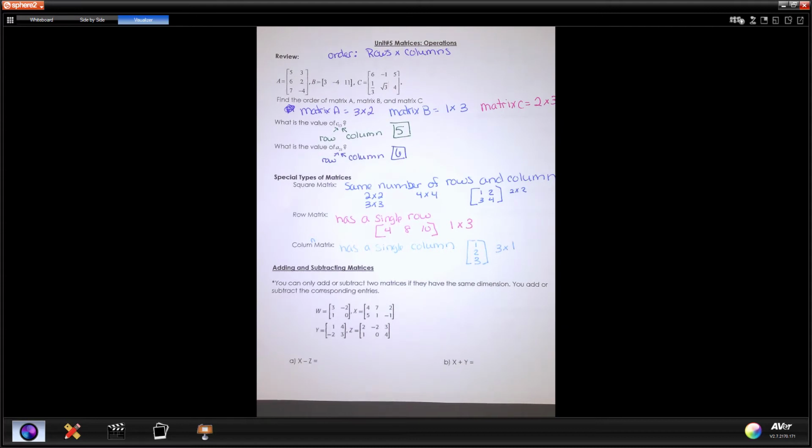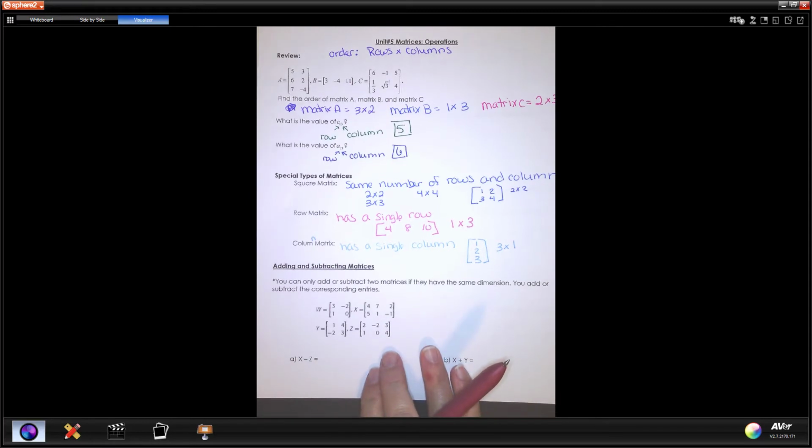Being able to tell the order of our matrices happens to be the absolute most important thing that we can do, because that leads us into our operations of matrices. The first operation that we're going to look at is adding and subtracting. Unfortunately, when I say operations, we're not going to be at the doctor's office in surgery or anything.